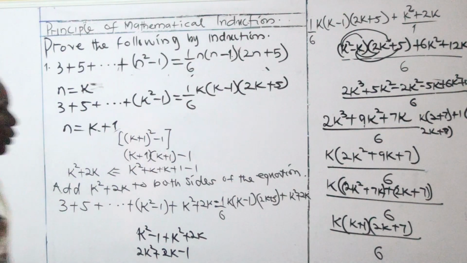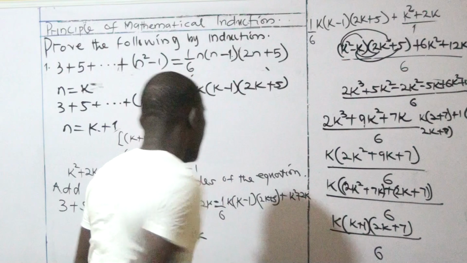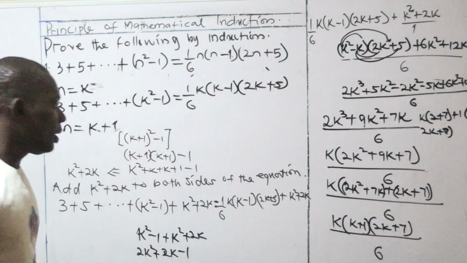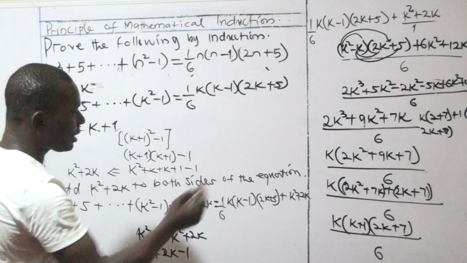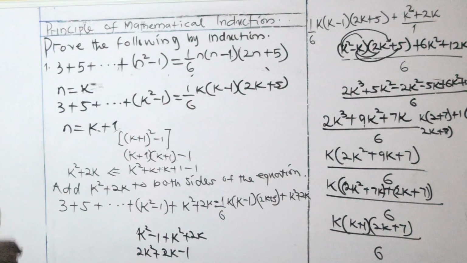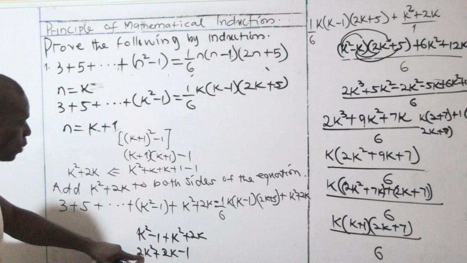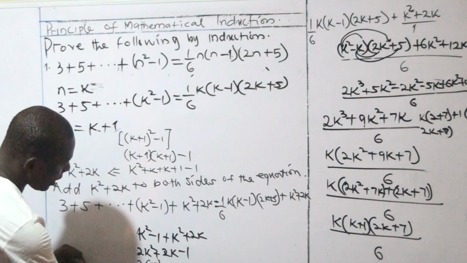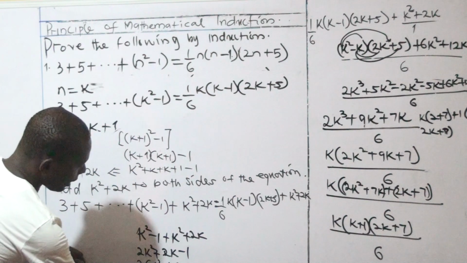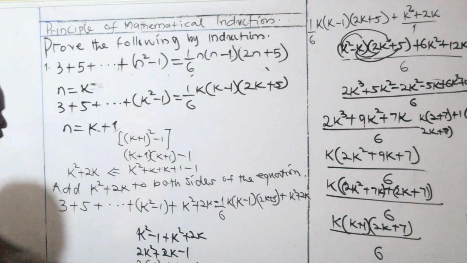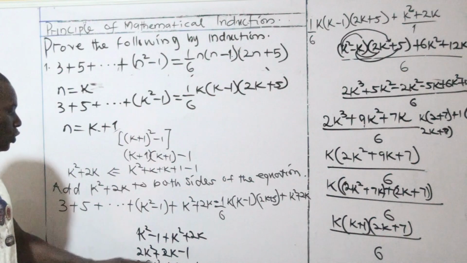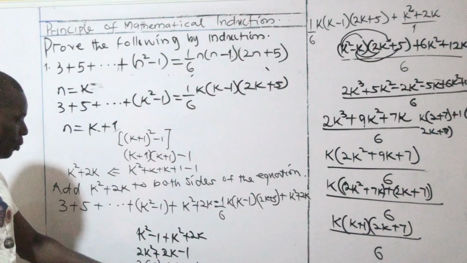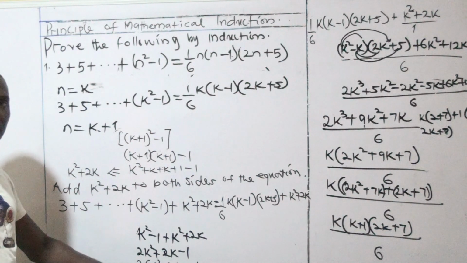Is that clear? So this is the right hand side, and here comes the left hand side. So let's substitute when k is 1 here. This is 2 times 1 squared plus 2 times 1 minus 1. 2 times 1 squared, 1 squared is 1, 2 times 1 is 1, plus 2 here.